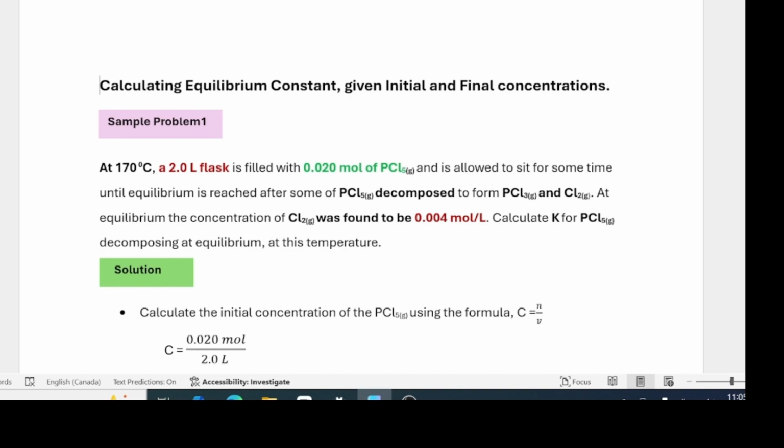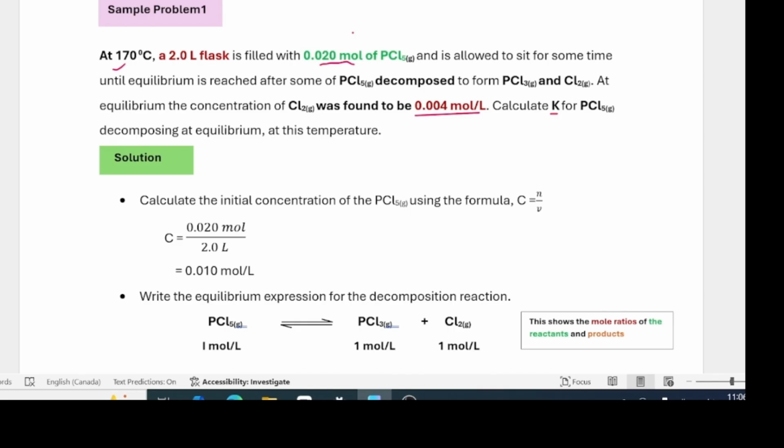So inside of this flask we're having that amount of phosphorus pentachloride, and after equilibrium is established, this is the concentration of chlorine that was present. We are now asked to calculate K for the decomposition of phosphorus pentachloride at this temperature here.